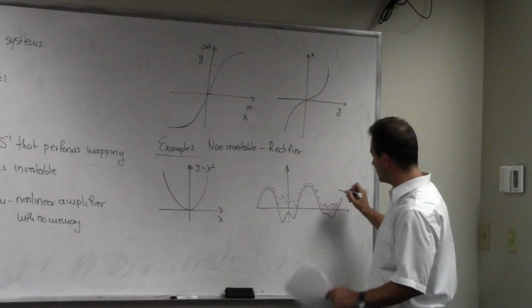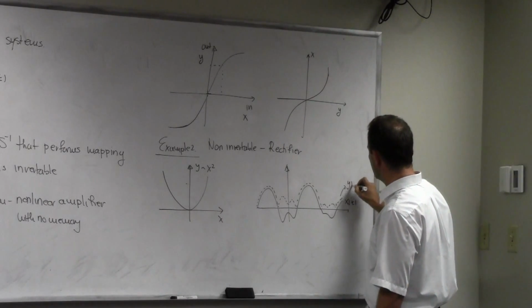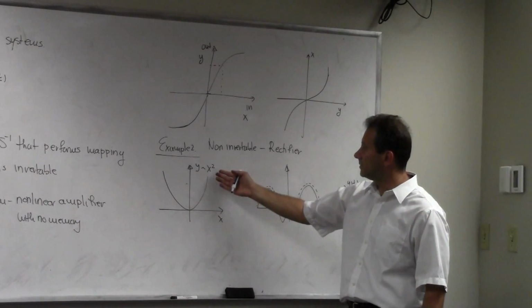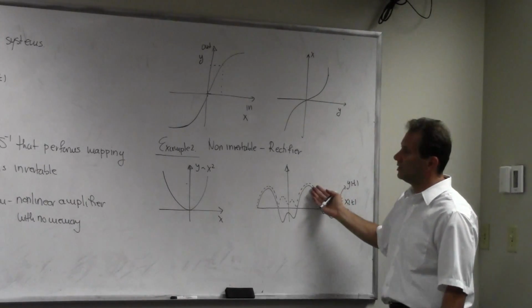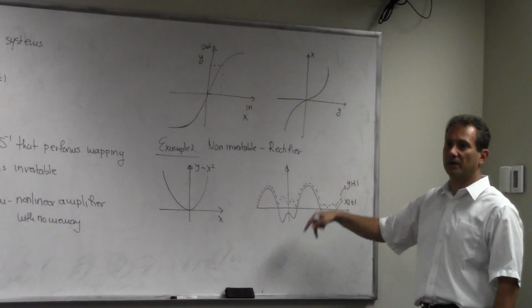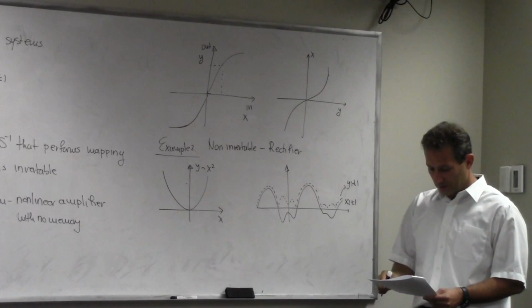So this is x of t, and this dotted line is y of t. This system mapped x of t into y of t, and there is no system that would map y of t back to x of t. So this is an example of a non-invertible system.